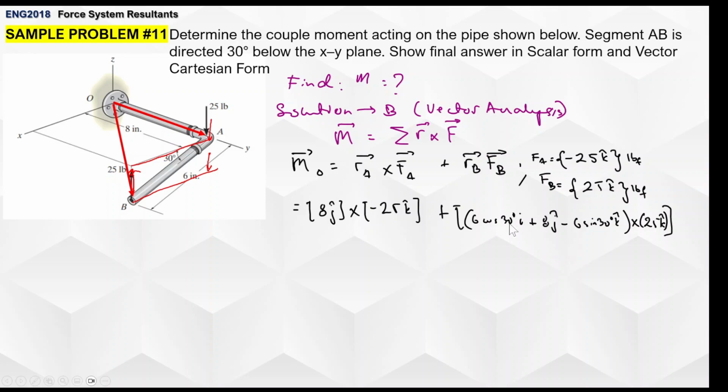Sorry, there we go. So 6 cosine 30 degrees, actually, k hat times 25 k. And this will give us a 3 by 3 matrix.